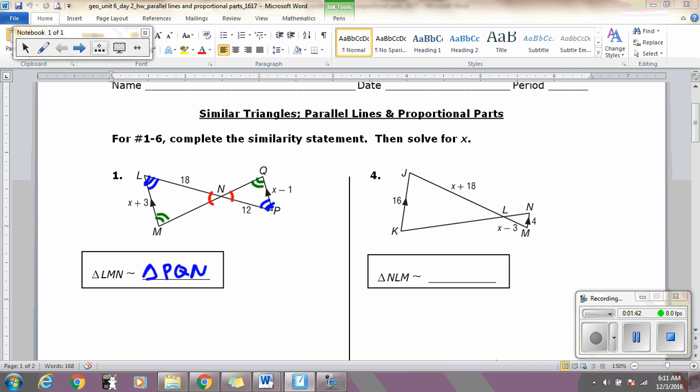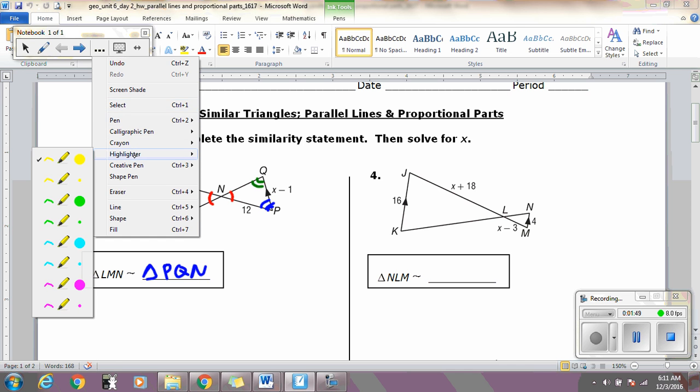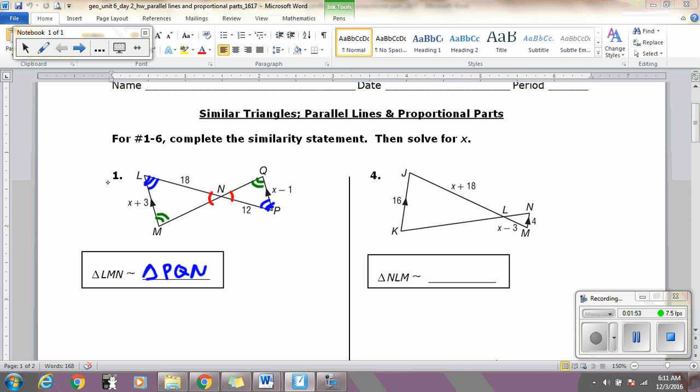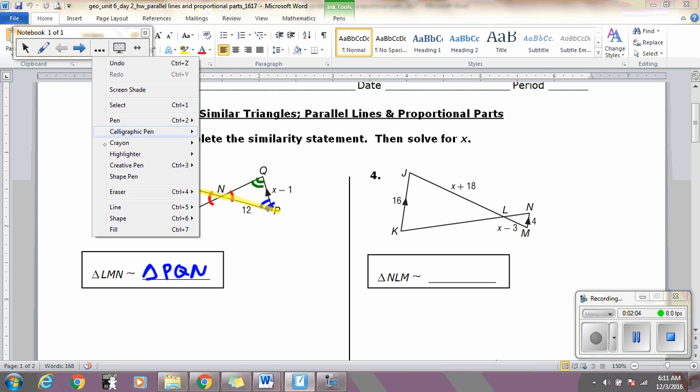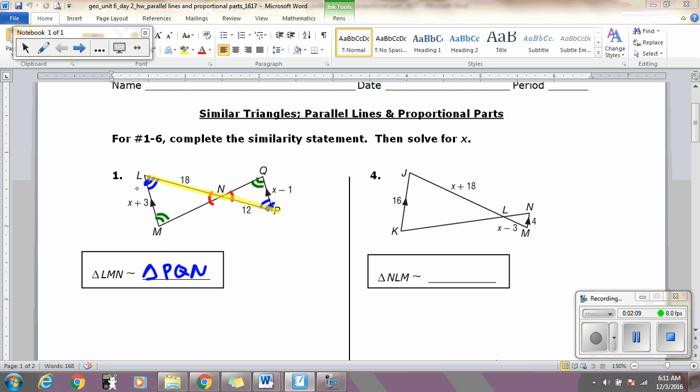Now that we've written our similarity statement, to solve for x, we need to set up a proportion using the proportional or corresponding sides. So I would know that LN is proportional with PN, and LM is proportional with PQ.